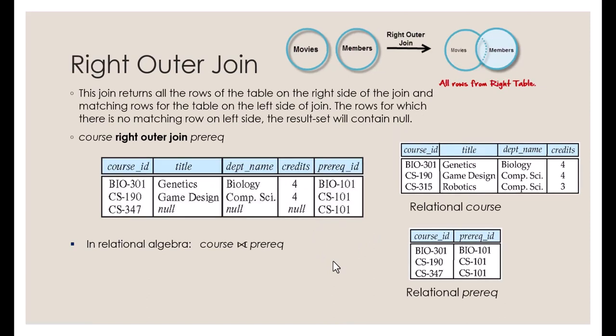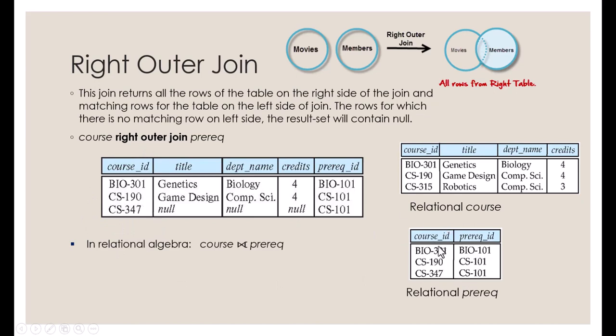So right outer join does the exact opposite. It's going to return all of the rows from the right-hand side. So here we're going to only list the rows from prereq, which is the right-hand side. So Bio 301, CS 190, and then CS 347 are listed here.